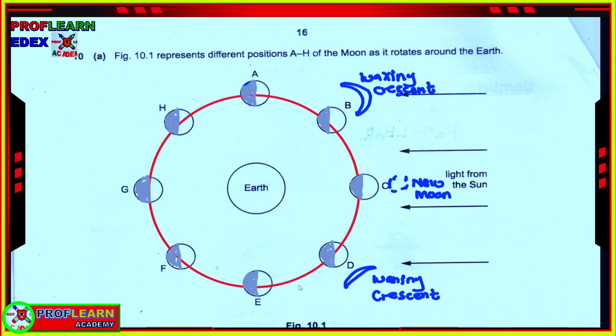That's something I need you to remember. As the moon is moving in this stage, it's getting dimmer and dimmer as it moves this way. Now past the new moon, it will start becoming brighter. So that's why we call it a waxing crescent. This crescent is becoming brighter, but this is a waning crescent which is becoming dimmer to become a new moon.